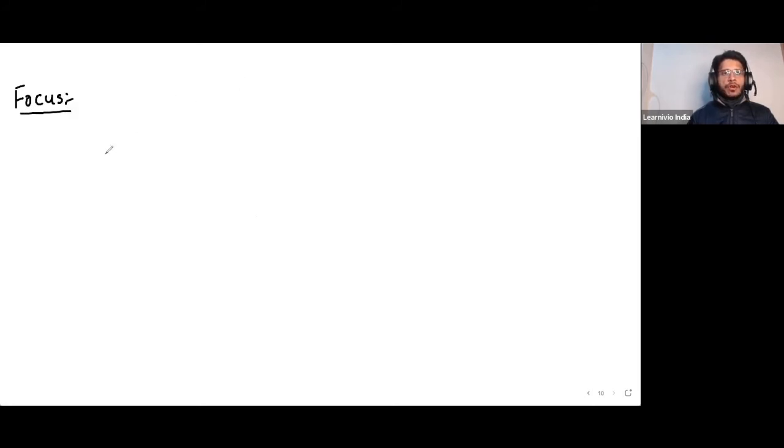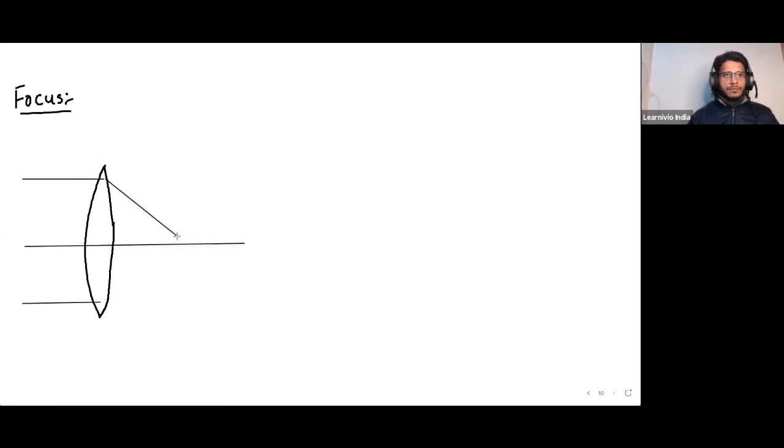Focus simply means, if you have a lens, this is the lens, and these are the rays parallel to the principal axis.